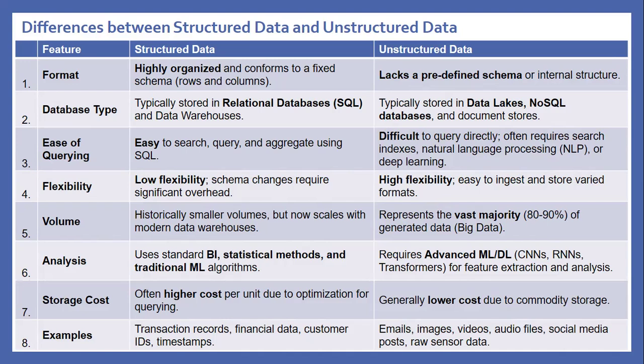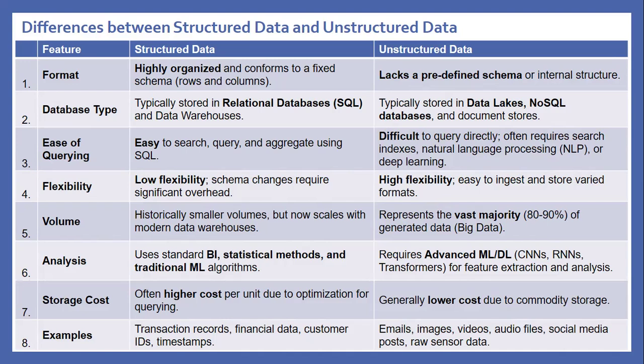Unstructured data represents a vast majority, 80 to 90% of generated data. Big data analysis: structured data uses standard BI, statistical methods and traditional ML algorithms. Unstructured data requires advanced ML, CNNs, RNNs, transformers for feature extraction and analysis.